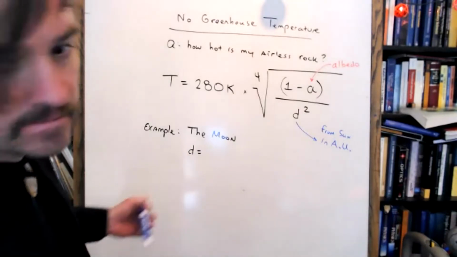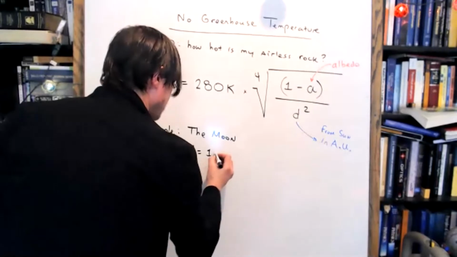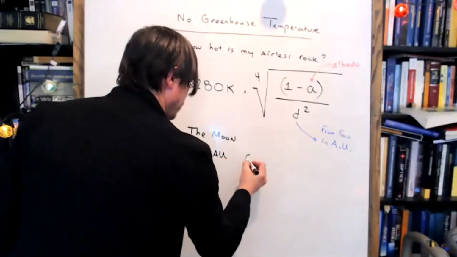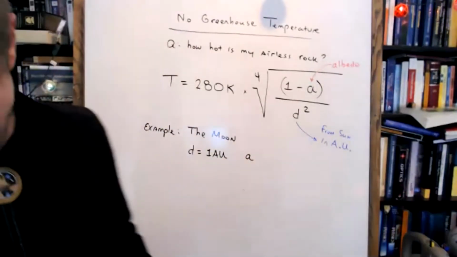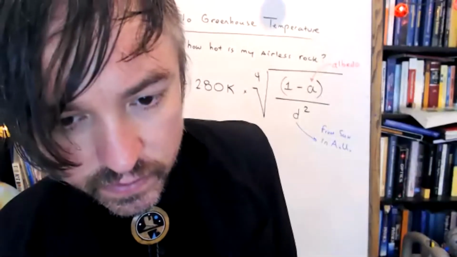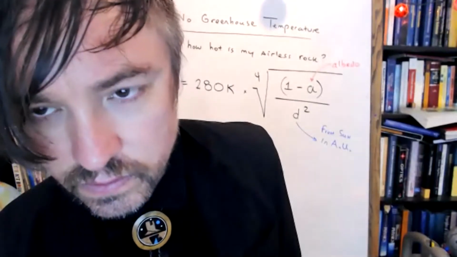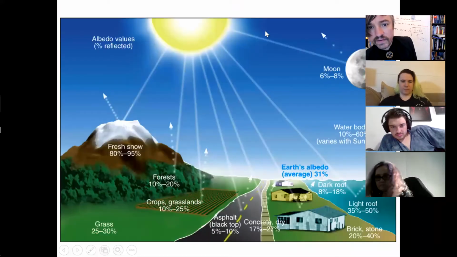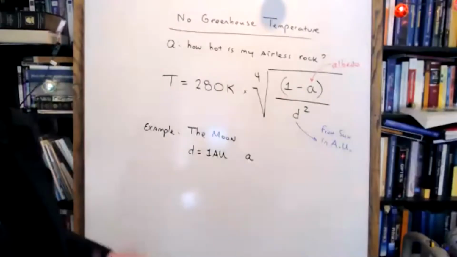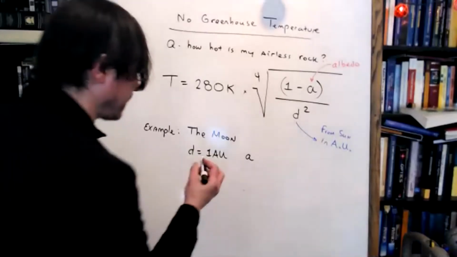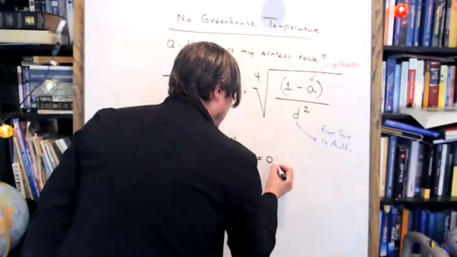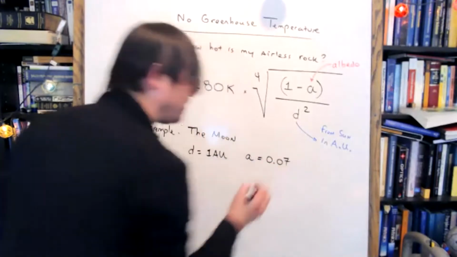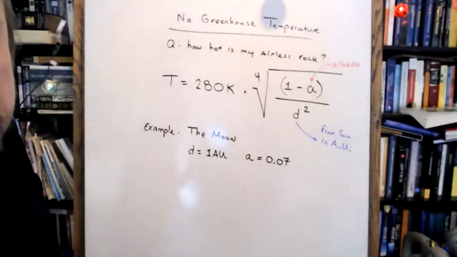I mean, it's roughly 1 AU, right? Yep. What did we decide the albedo was? 5 to 8%. Sure. Let's go with 7%, okay? Oh. Well, you were correct. You were absolutely correct. So as a decimal, the albedo is 0.07, correct?